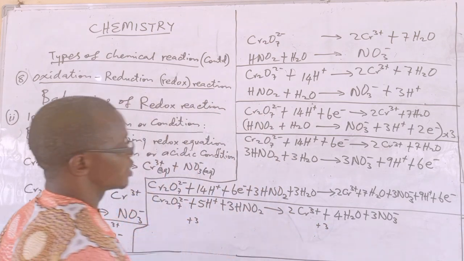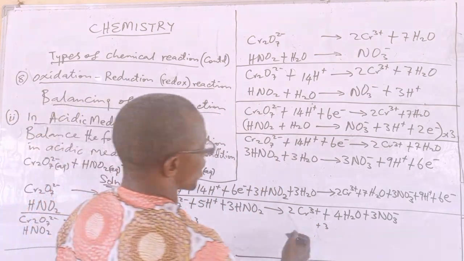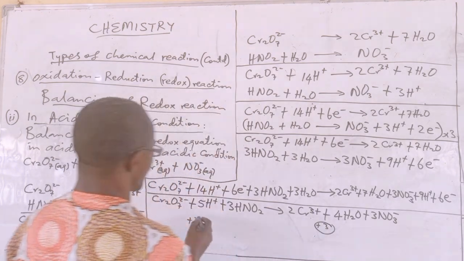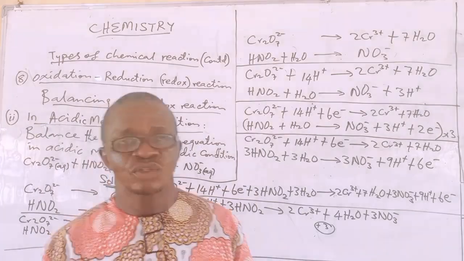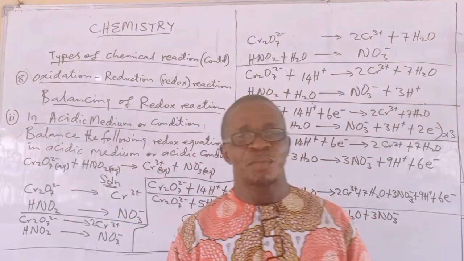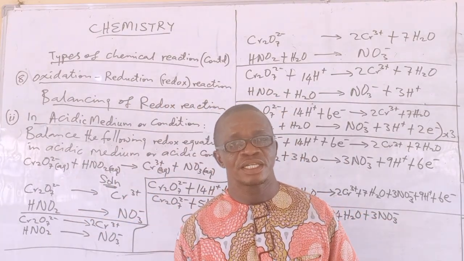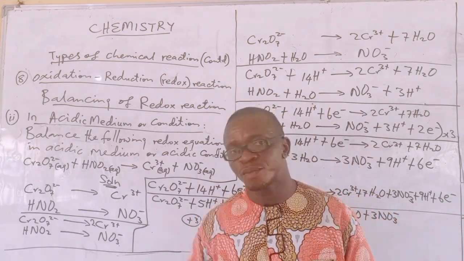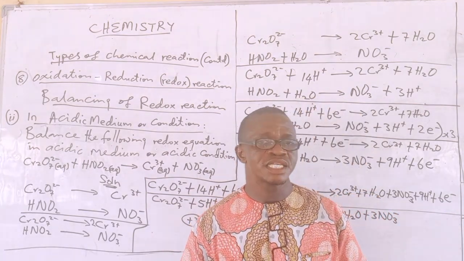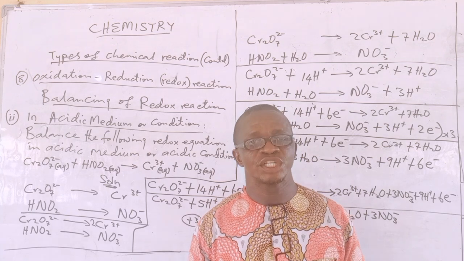Plus 3 there, plus 3 this way. So it is balanced. The charge is balanced. So that equation is balanced. We have balanced the equation in neutral medium. We have also balanced it in acidic medium.